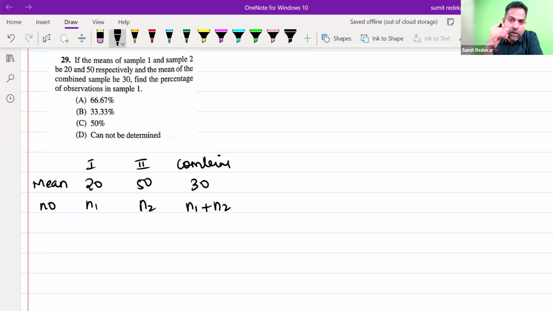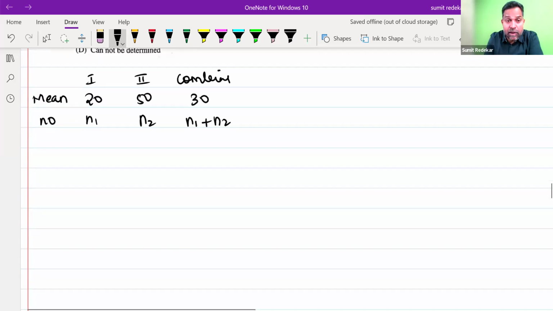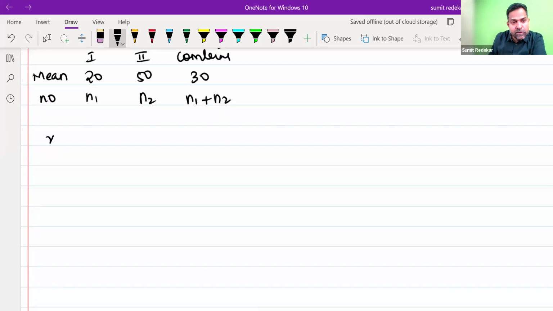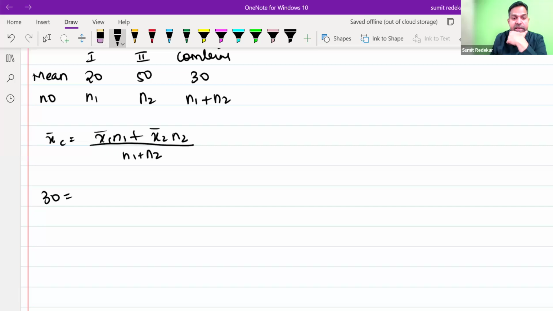Well, we will use the formula for the combined mean. So x bar combined is (x1 n1 plus x2 n2) divided by (n1 plus n2). So the combined mean, which is 30, is (20 n1 plus 50 n2) divided by (n1 plus n2).